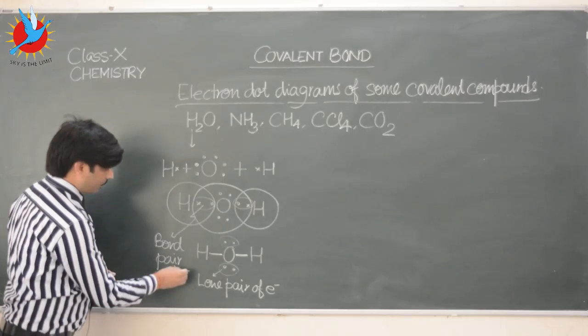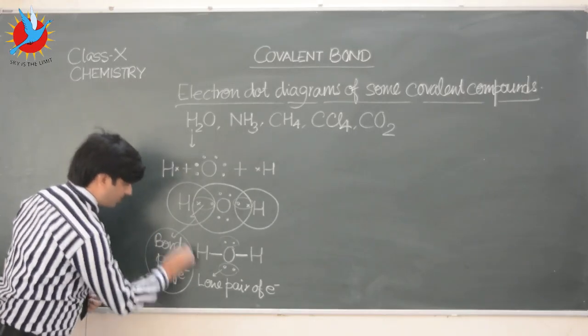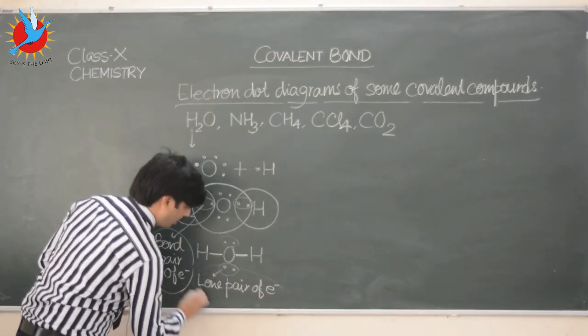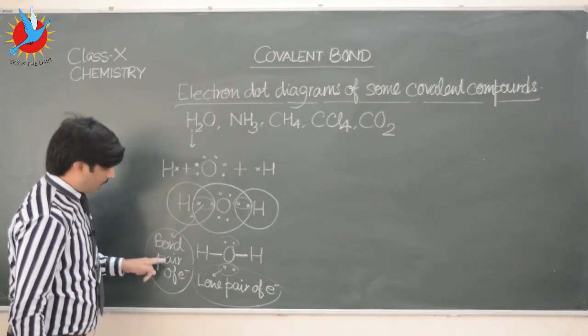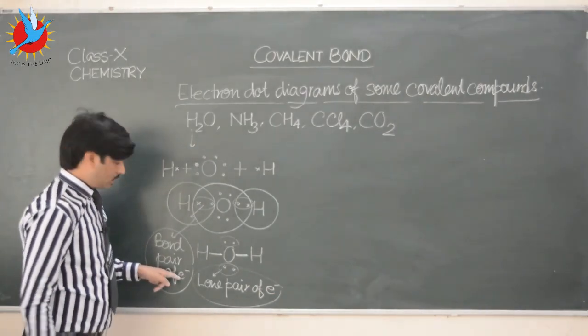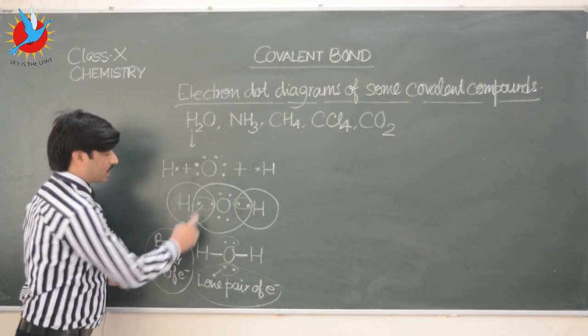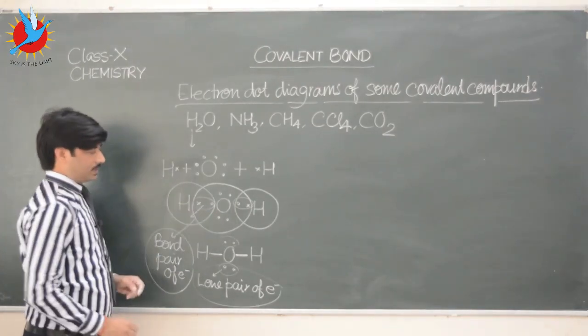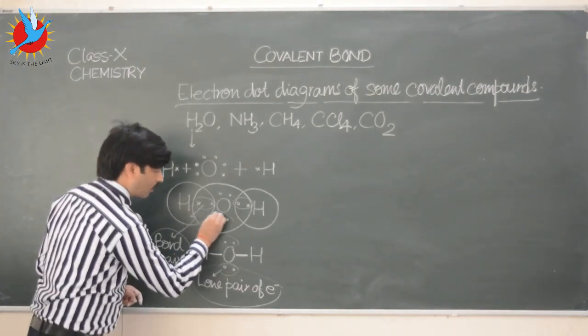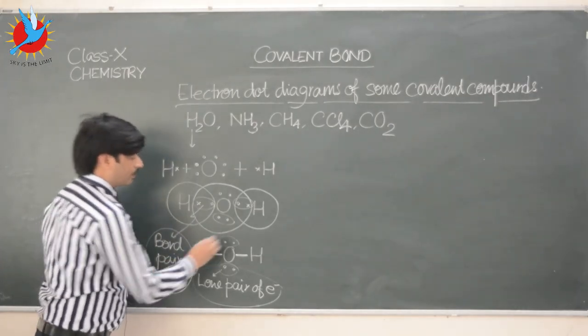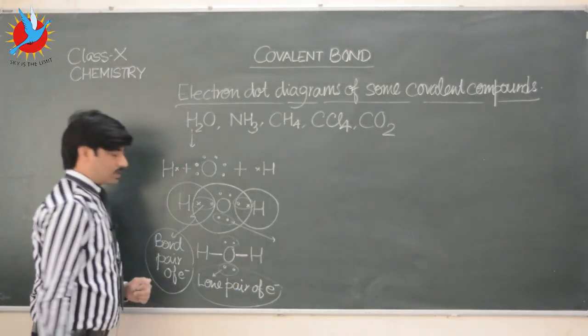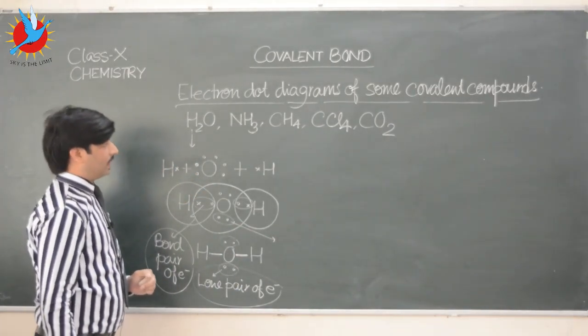So we have the bond pair of electrons and lone pair of electrons. Bond pair of electrons are those electrons which are shared between two atoms, and the electrons which are not shared between two atoms are known as lone pair of electrons.